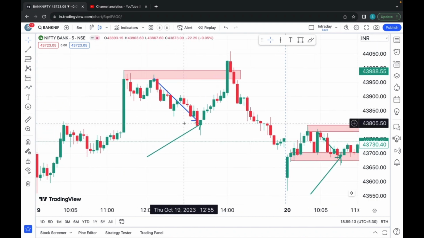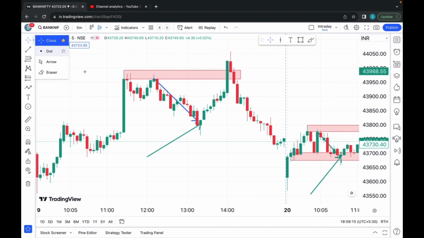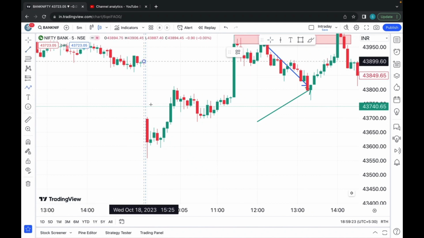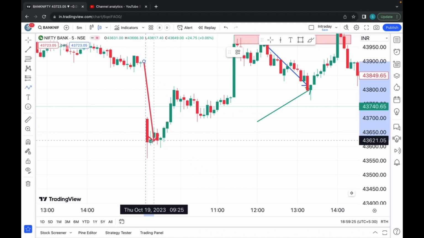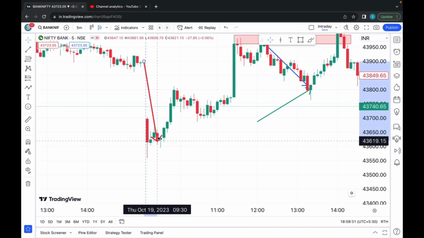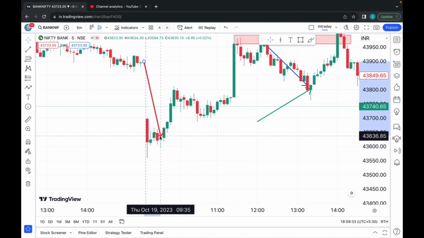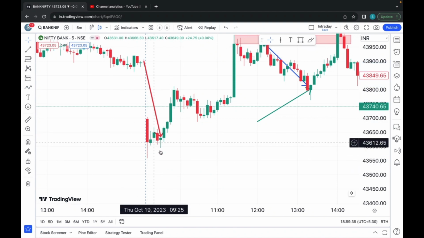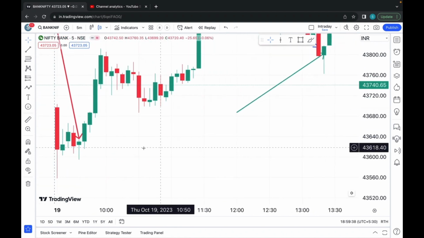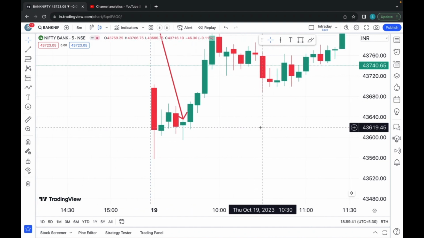Let's see if there is any other hammer. Yes, you see here, from the previous day's close, the market has opened gap down, and there is a big down move here. And this particular candle is our hammer. Let me zoom into it.